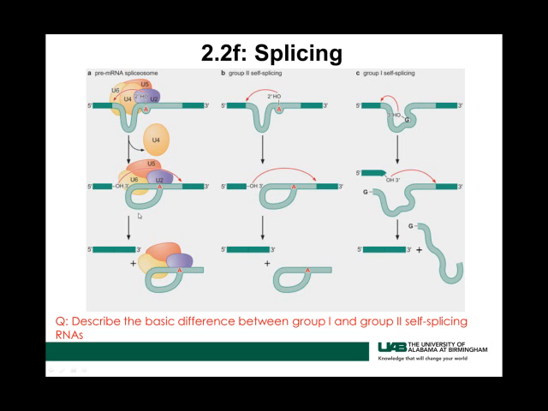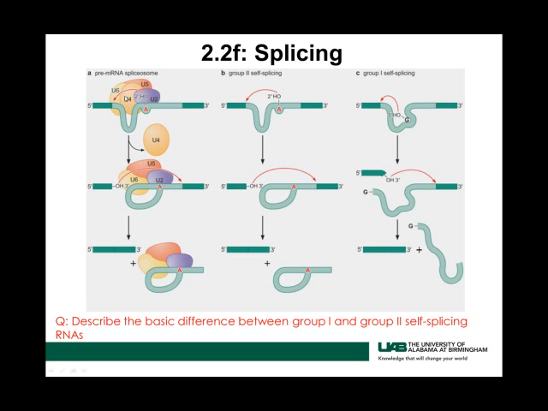We won't go into it in detail, but basically the first phosphodiester bond that is formed is between the end of the exon and the branch point to form a lariat, and then the second phosphodiester bond that is formed is between the 3' end of the exon and the 5' end of the next exon to form a lariat that is associated with the snRNPs, and now the 2 exons can be spliced together.